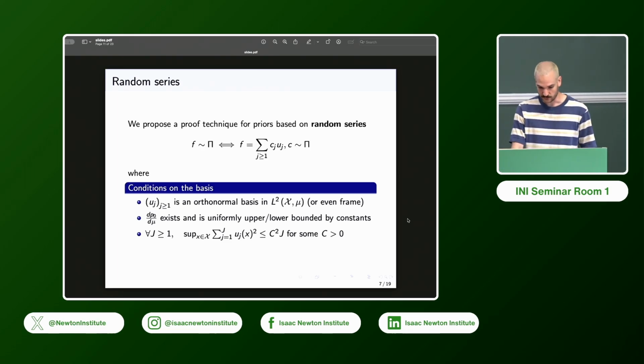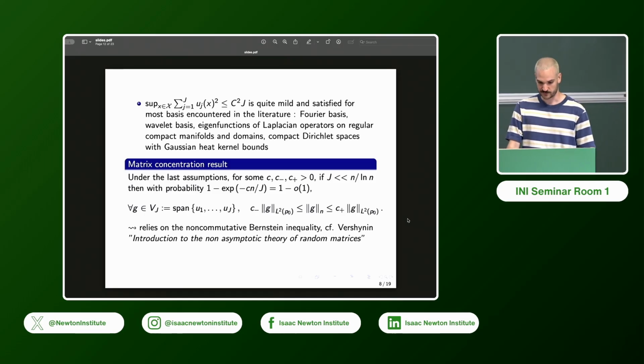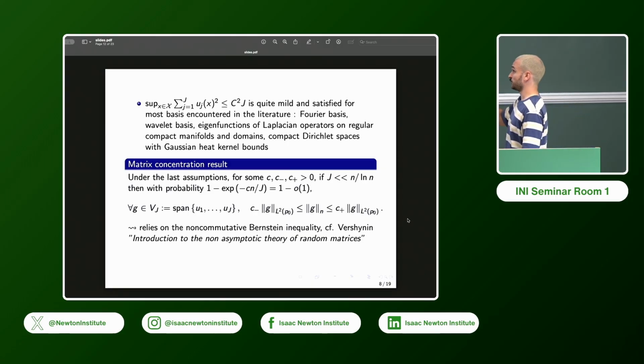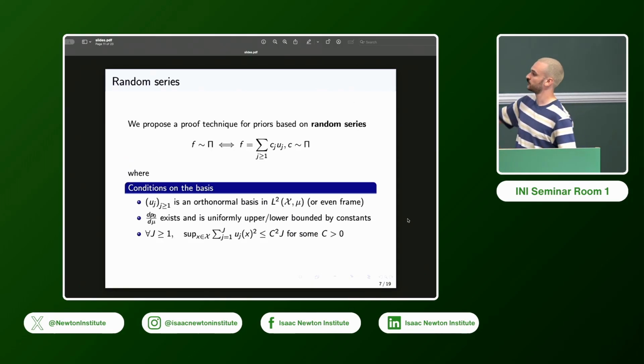But I'm not really going into the proof of that, just trust me on this. Those already cover quite an extensive amount of the priors that are used. As I said, it's not really easy to think of something outside of those examples. So all of that is to say that this is not a super restrictive thing to assume on the basis.